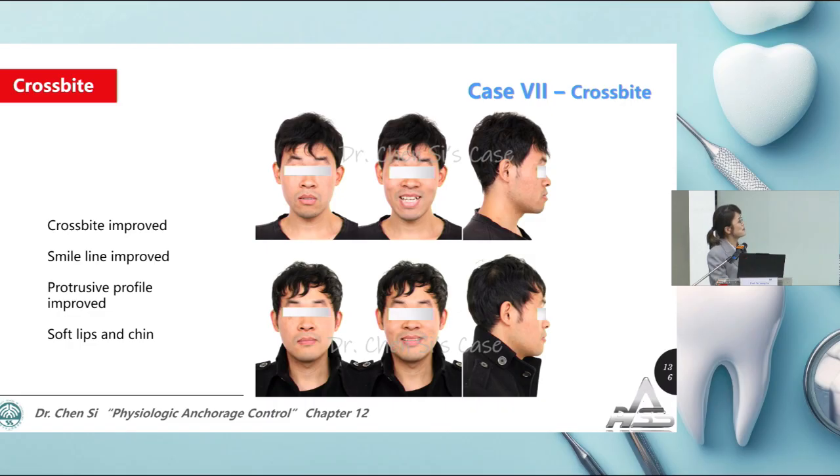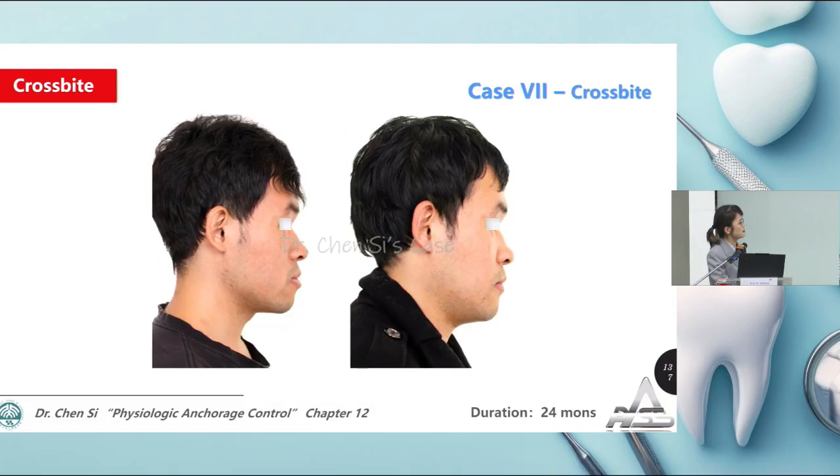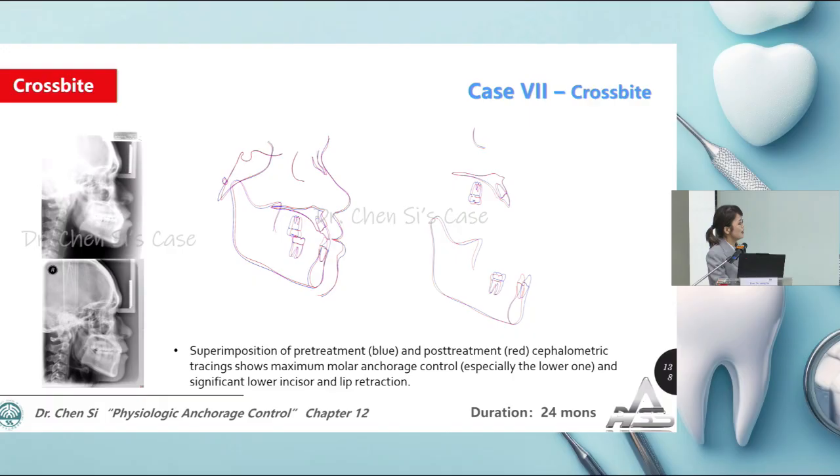From the comparison, we can see crossbite improved, smile line improved, and protrusive profile improved, soft lips before and after the treatment. A superimposition of pre and post shows maximum molar anchorage control and significant lower incisor retraction.